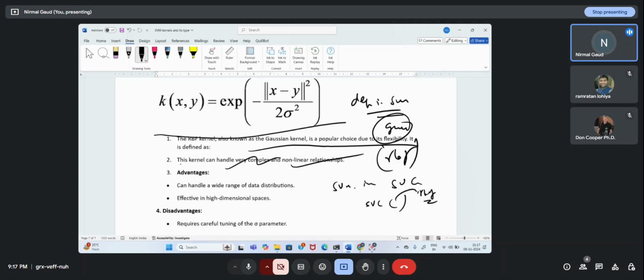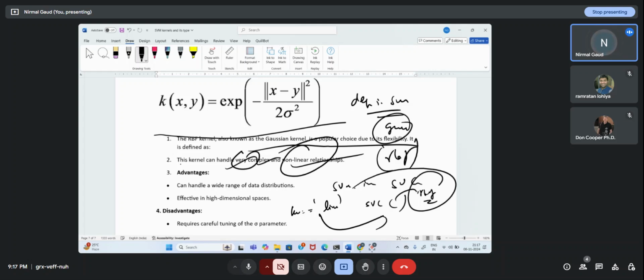For linear, you have to mention kernel equal to linear as a hyperparameter. So by default it is RBF, radial basis function, because it can handle complex and non-linear relationships. We assume initially a non-linear relationship. That's our assumption.